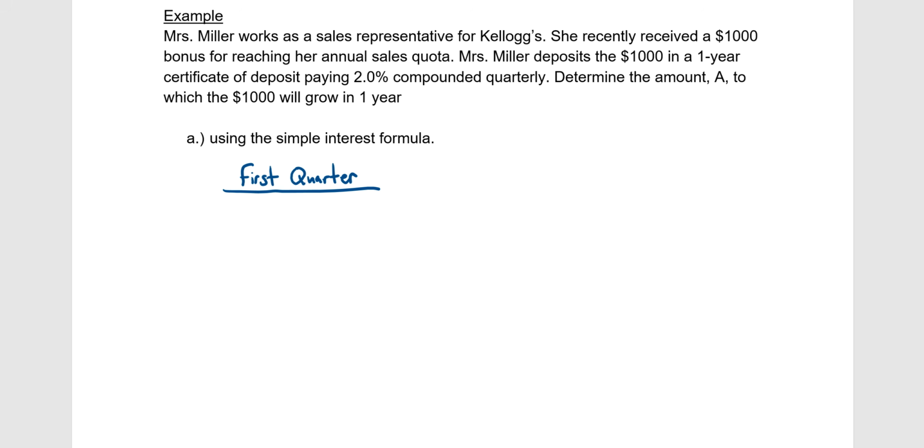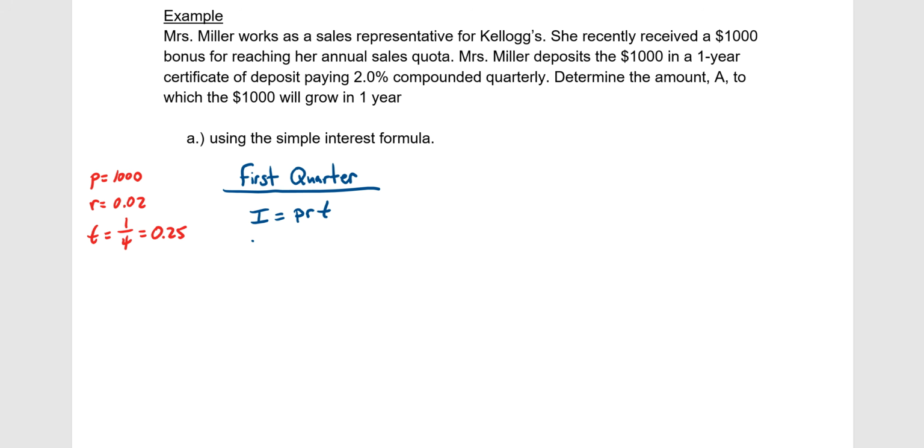So for the first quarter, we need to use our simple interest formula, I equals P times R times T. P is the $1,000, and R is the 2% as a decimal, that's 0.02. T, since this is quarterly, is 1/4 of a year, so 0.25.